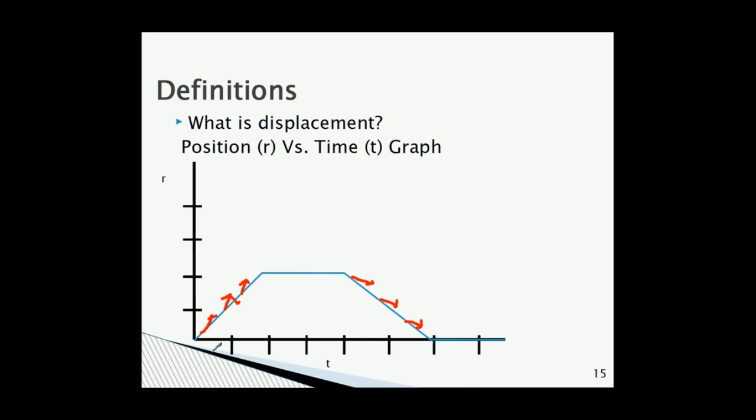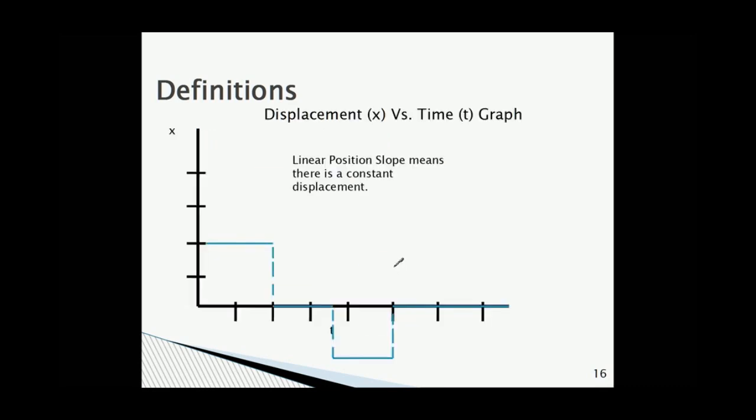Okay, let's look at this position graph now in terms of displacement. Let's actually plot displacement over time. Here is the displacement, which we are going to call displacement x on our vertical axis, versus time, which is represented by t, once again, on our horizontal axis.